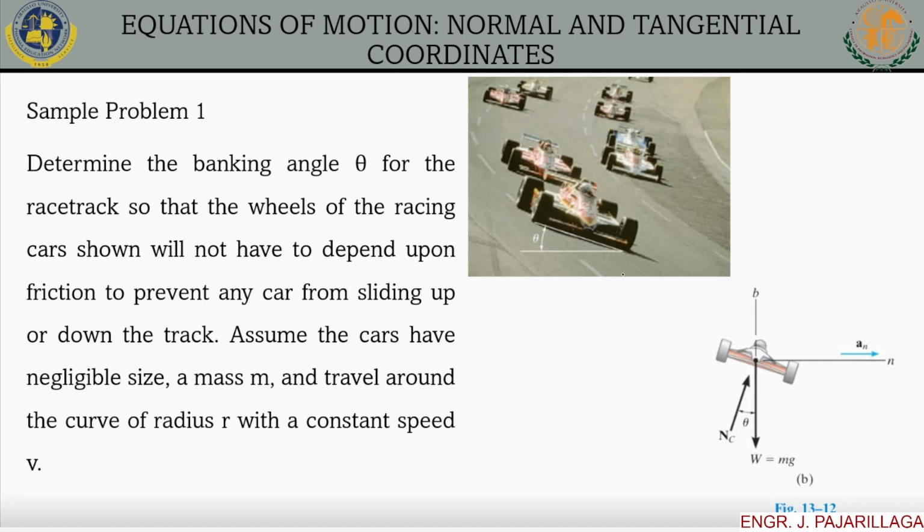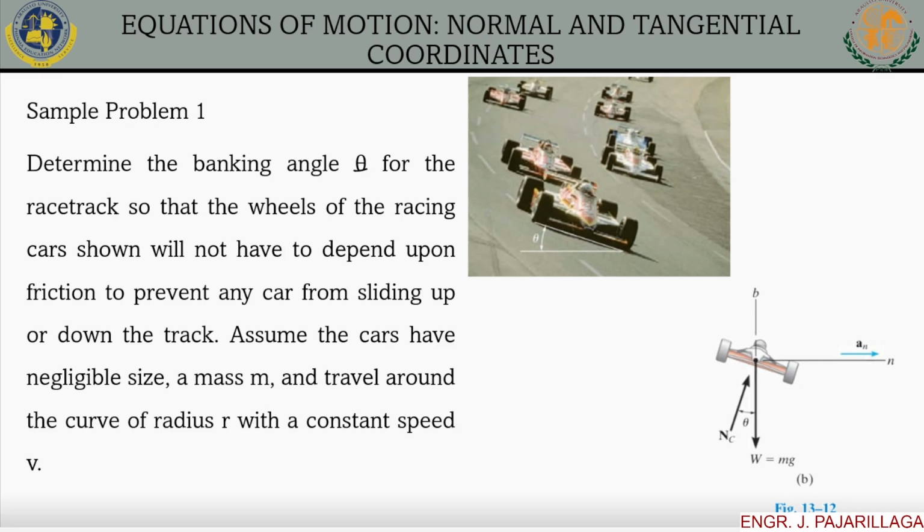Assume the cars have negligible size, a mass m, and travel around the center of curvature r with a constant speed v. So, ang sabi sa atin, we have to determine the angle of banking for the racetrack so that the wheels of the racing cars will not have to depend upon the friction to prevent any car from sliding up or down the track.